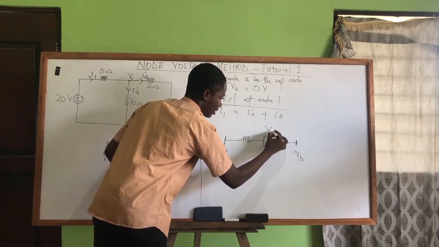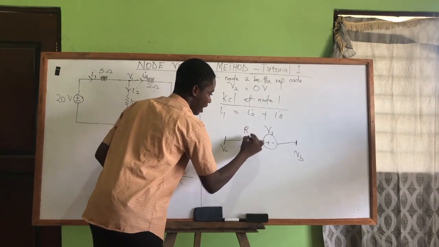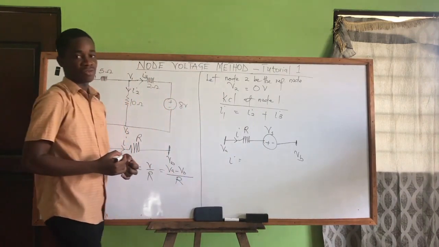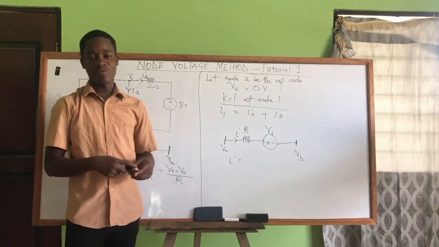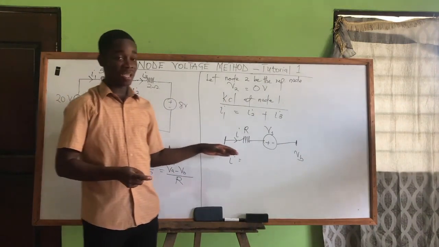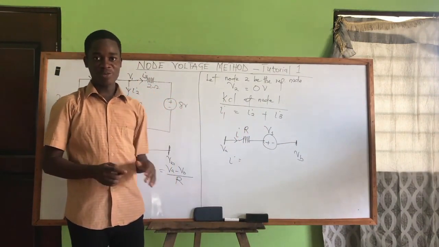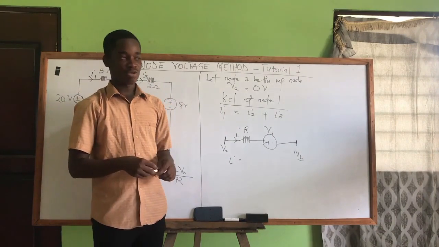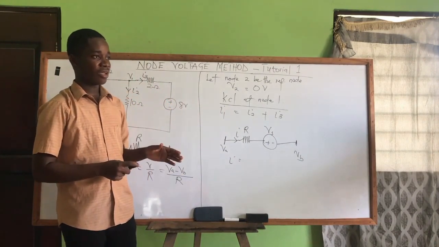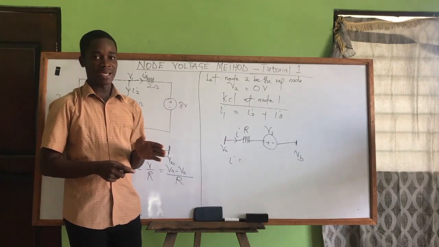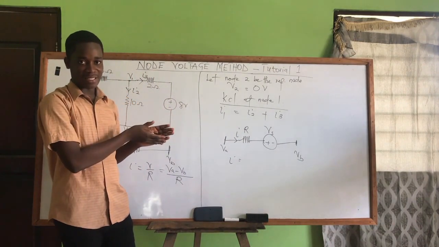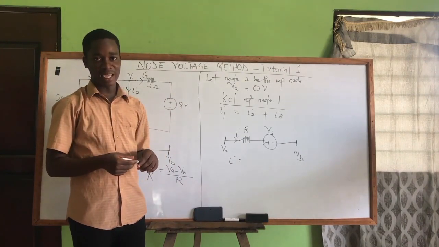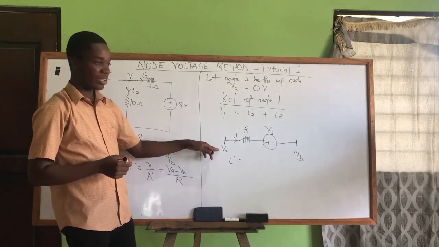I have a resistor, voltage Vs, and resistor R, and I want to find current I. We know I is V over R, but on this branch we have three voltages, so we have to find the equivalent and divide it by the resistor. Always put it at the back of your mind: V is the node the current is starting from minus the node where the current is ending.